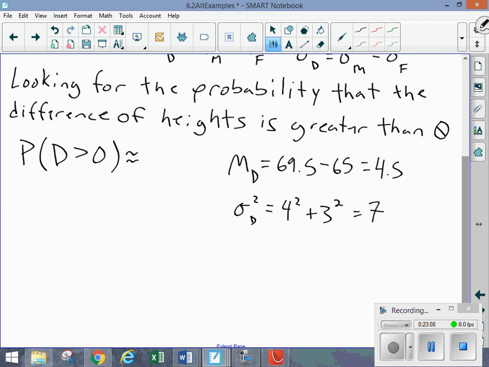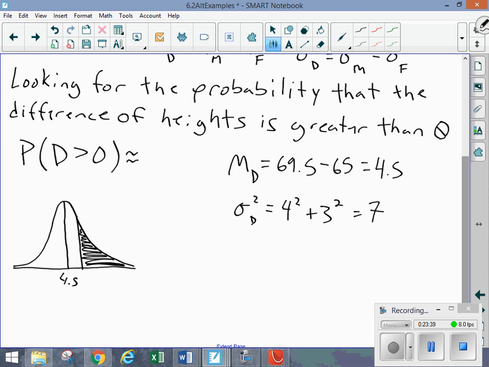And you notice that whenever I'm calculating a probability using the normal distribution, I always draw out a picture of the distribution, and you should too.